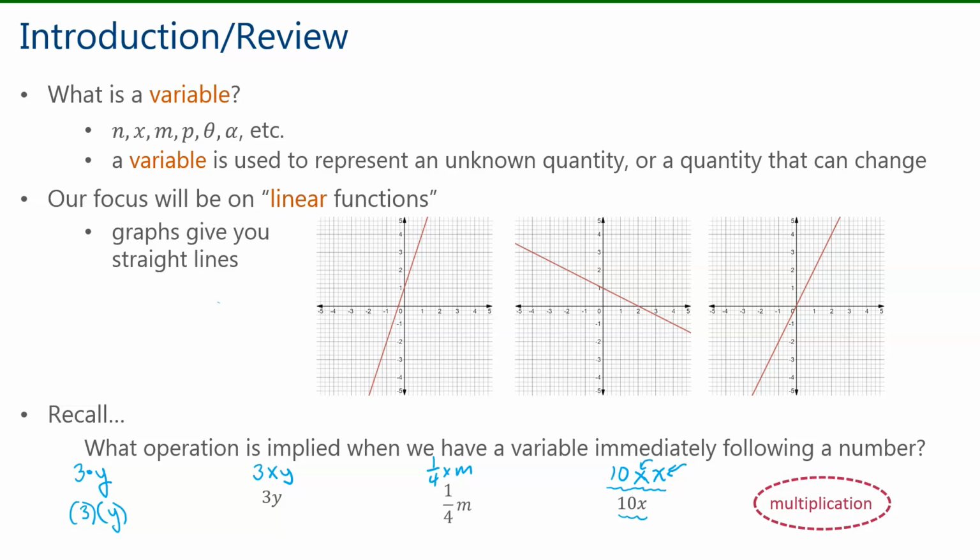That means 3 times y. I could also write it 3 bracket y like that as well. That means multiplication. But the preferred way of writing multiplication when you have a number and a variable is like this. So 3y, 1/4 m, and 10x.